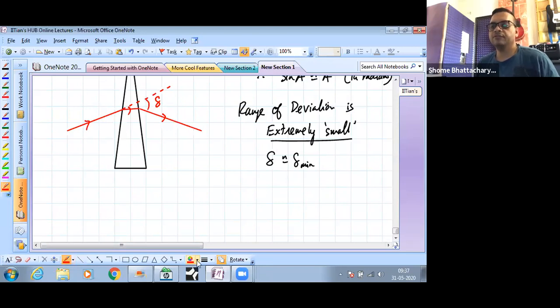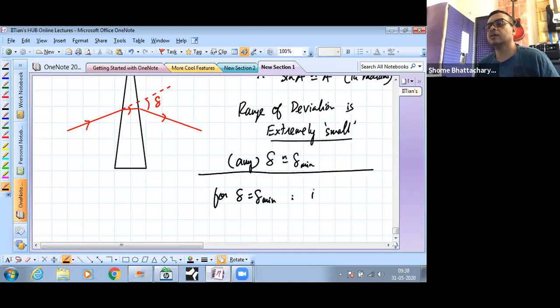Okay. And for minimum deviation, the condition is that I is equal to A, R1 equal to R2 equal to A by 2.